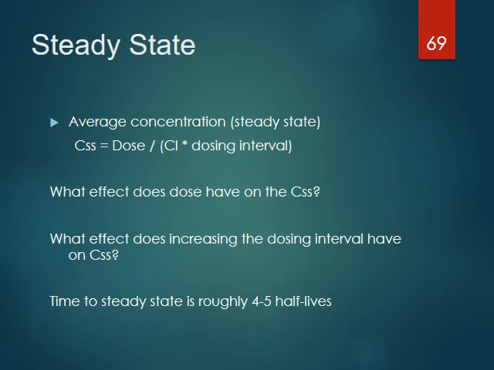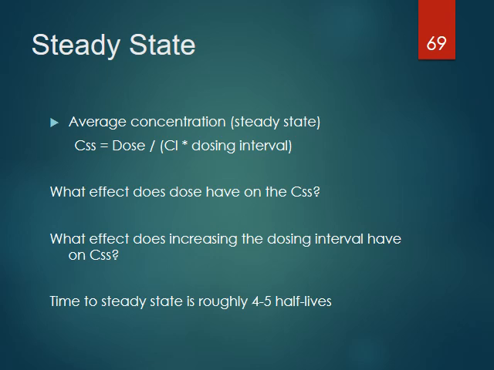Because again, I'm administering more, thus because I'm undergoing first order elimination kinetics, presumably, and given the fact that the more drug I give, the higher amount of drug will be metabolized, because it's always the same proportion of drug being metabolized and eliminated. You'll see that by increasing the dose, the CSS concentration is going to go up. But what would happen if I were to increase the dosing interval?